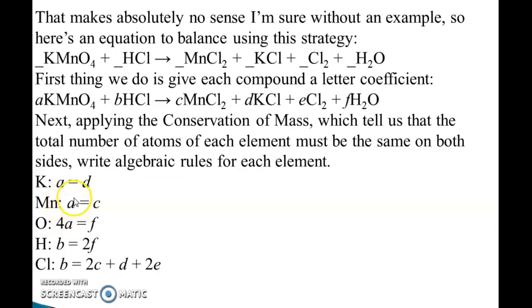Similarly, Mn, which is A, is equal to C of the product side. Similarly, K of the reactant side is equal to D of the product side. So likewise we will make one equation for each element. After that we will form algebraic equations and solve our chemical equation.